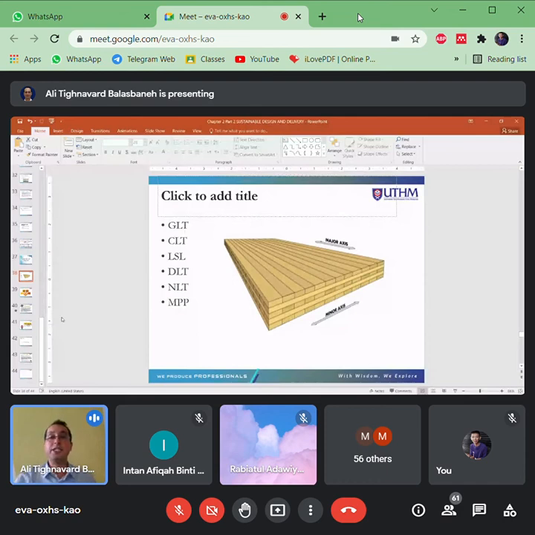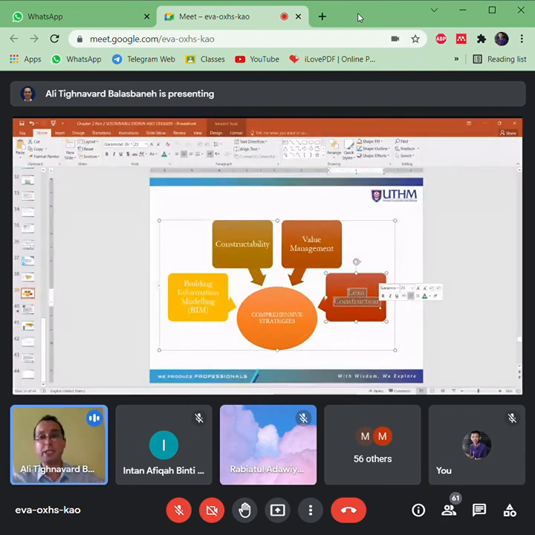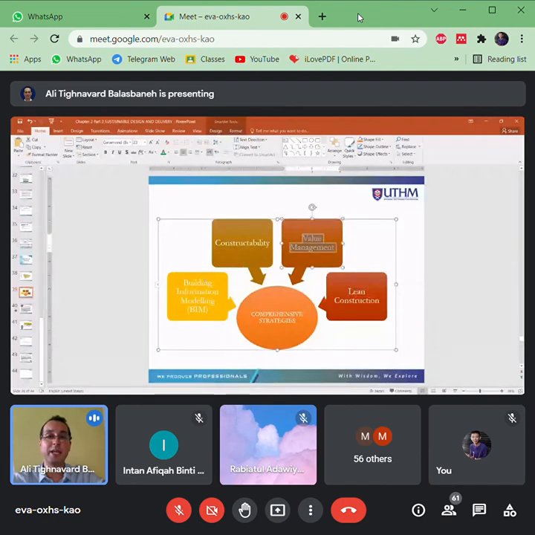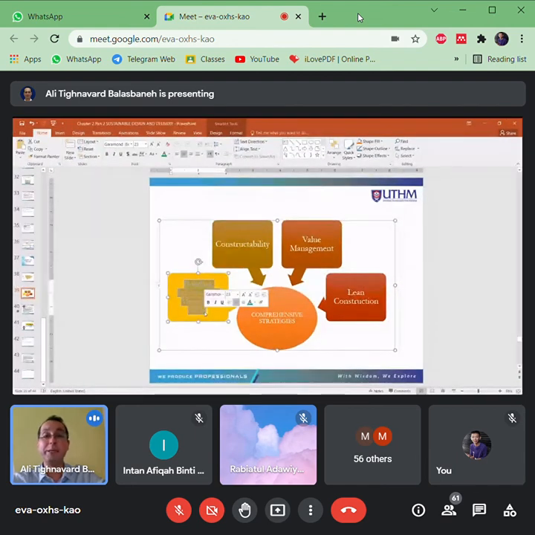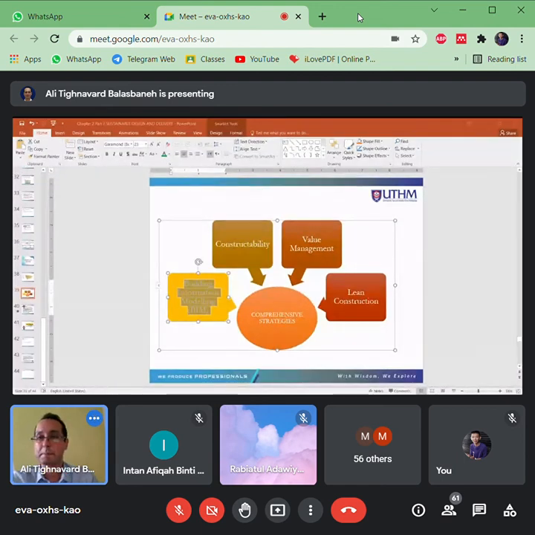There is another issue we are going to start discussing. It is called lean construction, which is for next week, along with value management and BIM, building information modeling, the use of software technology in construction. Have you studied AutoCAD? I believe you did already. Am I correct? So you might remember what AutoCAD does: you draw the building plan.